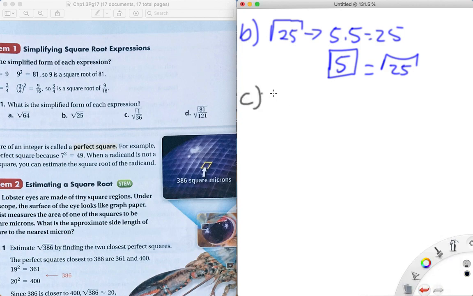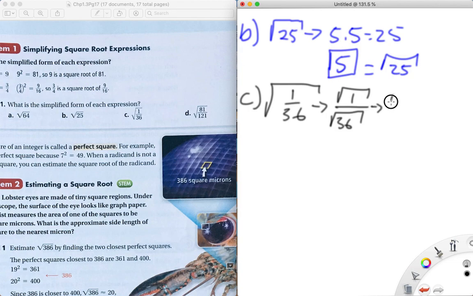For C, I'm square rooting the entire fraction. It's almost like if I was to rewrite it, square root of 1 over the square root of 36. I know that 1 times 1 equals 1. I know that 6 times 6 equals 36.